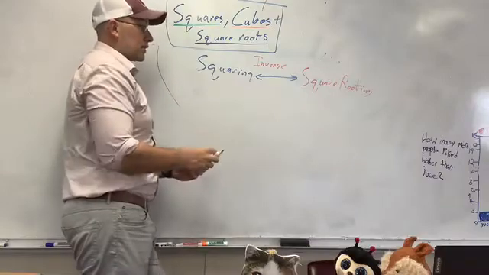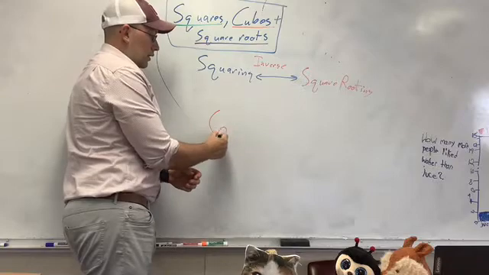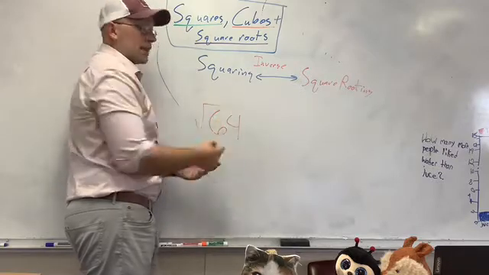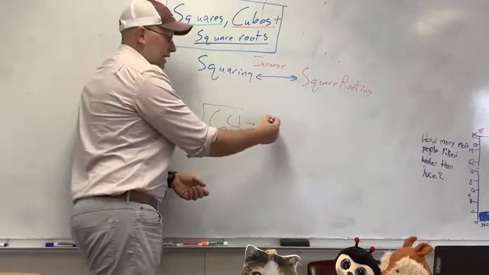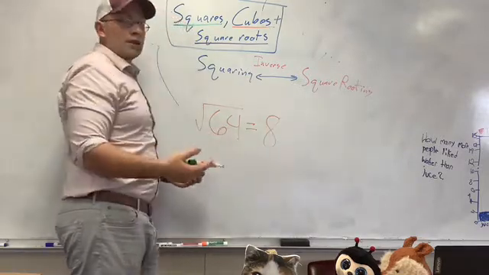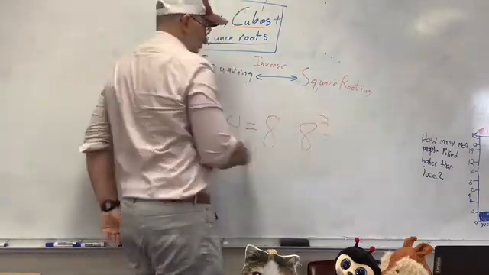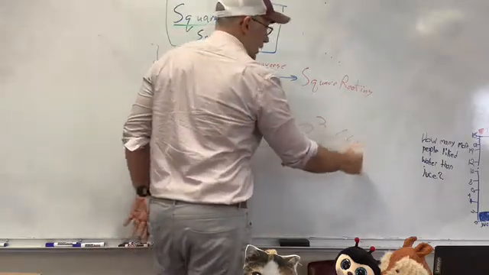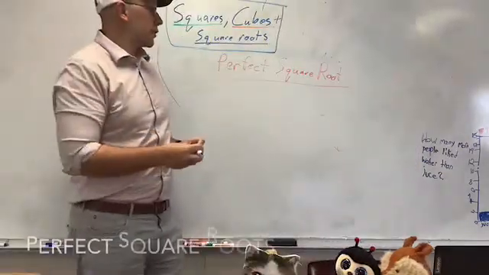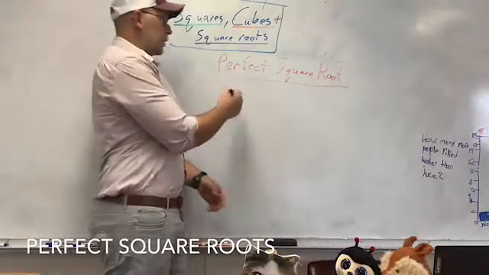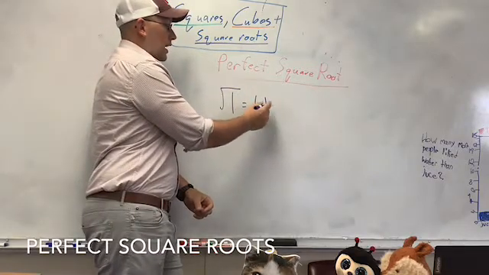Another example of this. So if I say 64, which is a perfect square, the square root of 64 is 8. So if I wanted to know what 8 squared was, it would be 64. Inverse operations with square and square root. So a perfect square is a number that is square rooted and it comes out as a whole number.